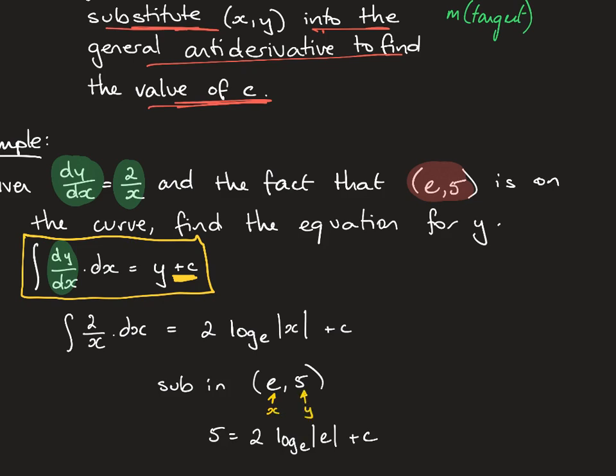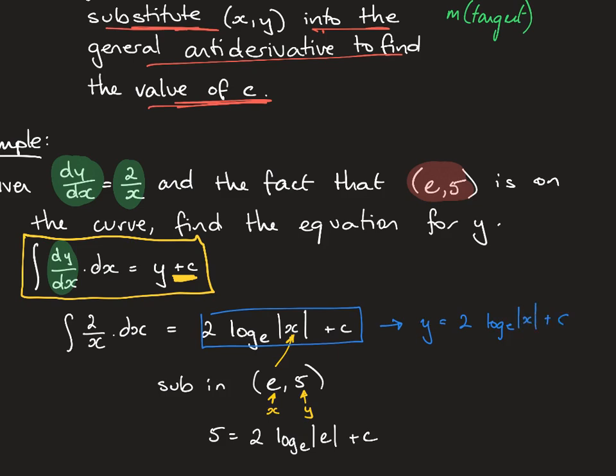That's our y value. And so our x value is going to go in here, and our y value is going to be, this is going to be the equation of our curve. So our original function here is going to be y is equal to 2 log e of the modulus of x plus c.